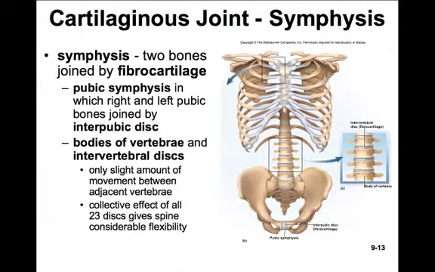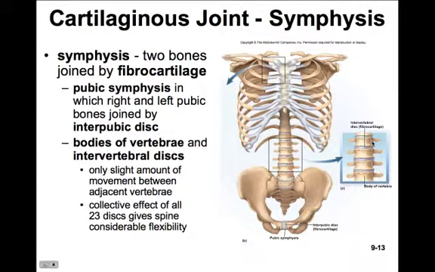A symphysis is where two bones are joined by a fibrocartilage. The example of this is the bodies of the vertebrae and the intervertebral discs, and then the pubic symphysis in the front of the pelvic bones. The pubic symphysis is joined by the interpubic disc, and the bodies of the vertebrae are joined by the intervertebral discs.